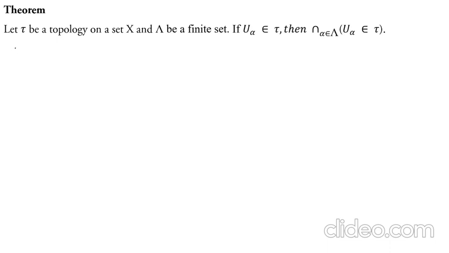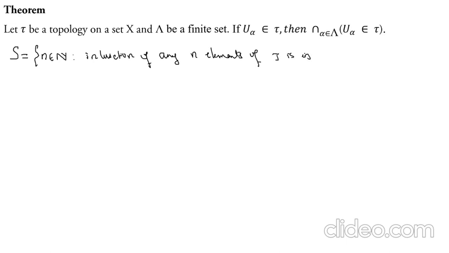For that we use induction, and we define a set S as the set of all n belonging to N such that the intersection of any n elements of tau is in tau. That is, if U1 and U2 belong to tau and U1 intersection U2 belongs to tau, then we can say that 2 belongs to S. In that way we define S. So we use induction on n.